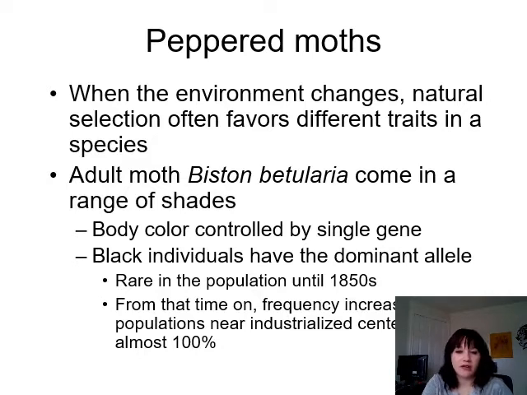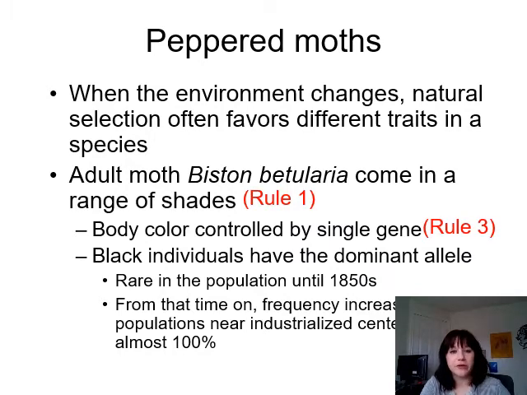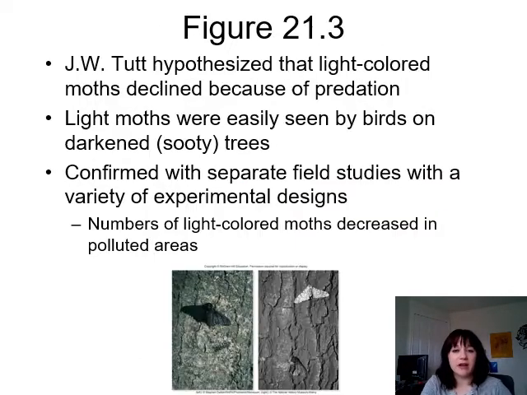I would say more on the second slide. We'll get to that. But we do see for our third rule that the trait has to have a genetic component. On this slide, it is known what the gene is that controls that black color. All right, so rule 1 and rule 3 have been demonstrated on this slide.